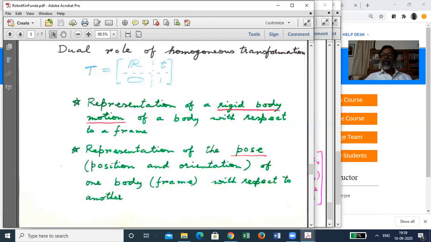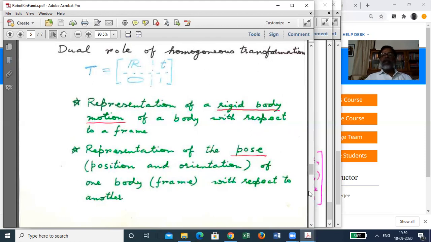So this is the understanding that you must develop by developing the numerical values of some of the positions and orientations of the bodies through actual rigid body motion, and then what we discuss later will become quite straightforward.